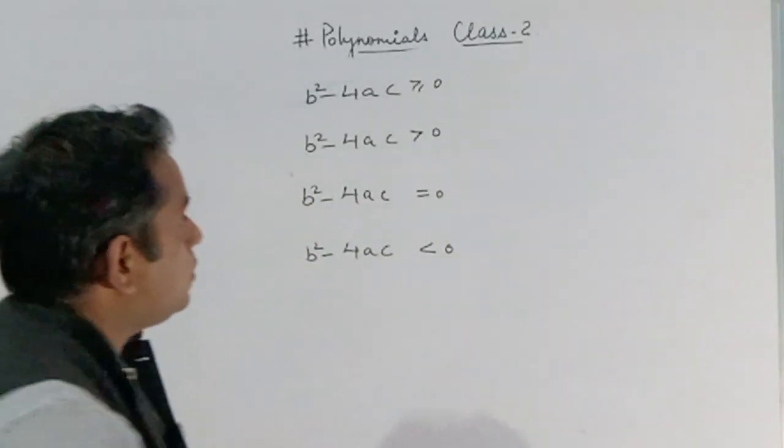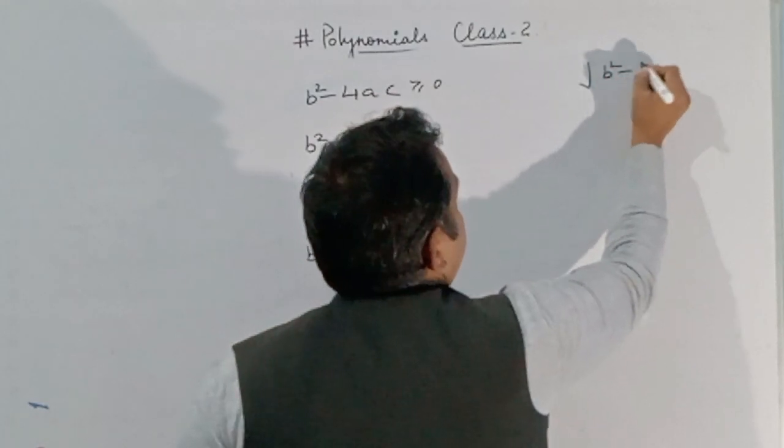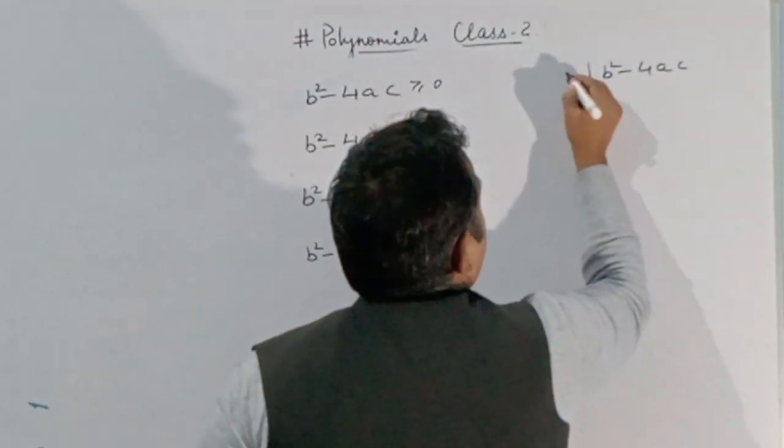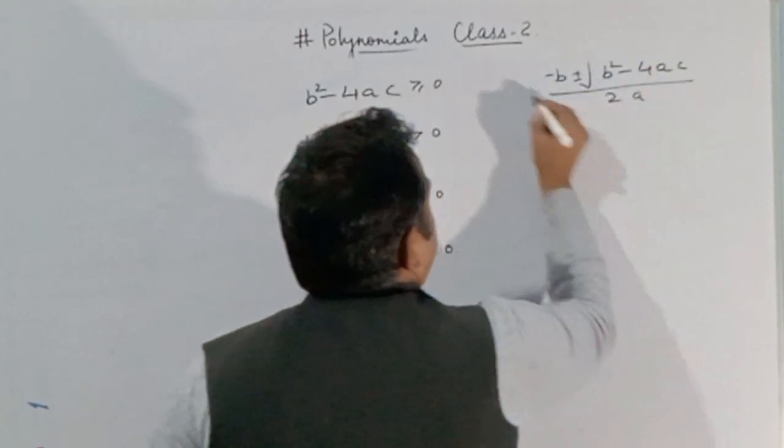Clear? See, write it also: minus b plus minus under root b square minus 4ac, divided by 2a.